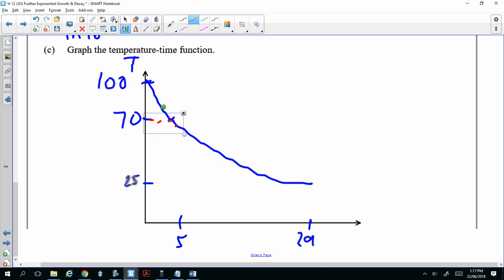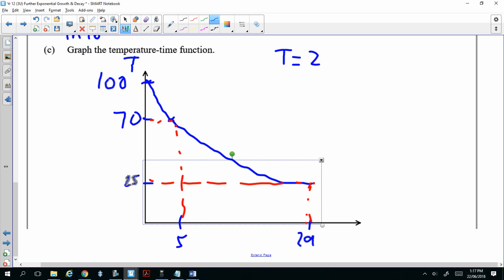Like that, okay? And then what you do is, for this graph, there's an asymptote as well. Like all exponential graphs, they will have an asymptote, 20 plus 80 e to the power negative kt. So to find the horizontal asymptote, you make t go to infinity.